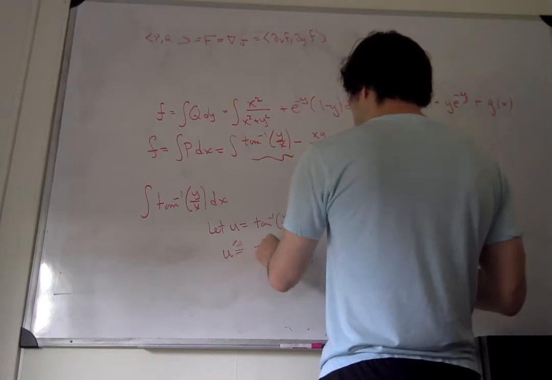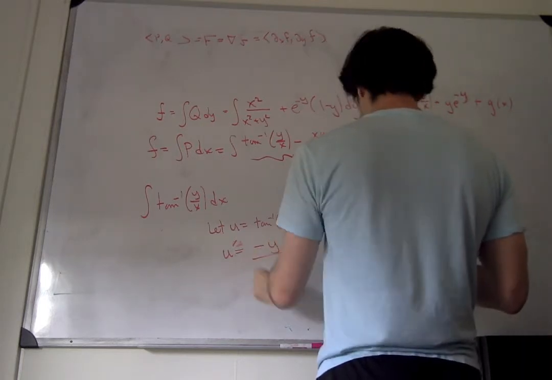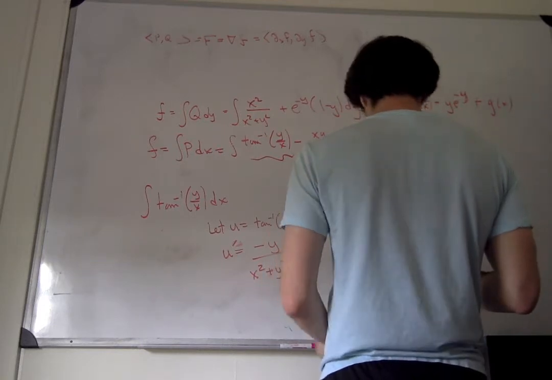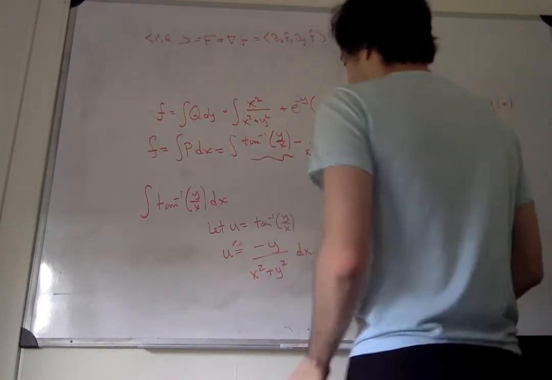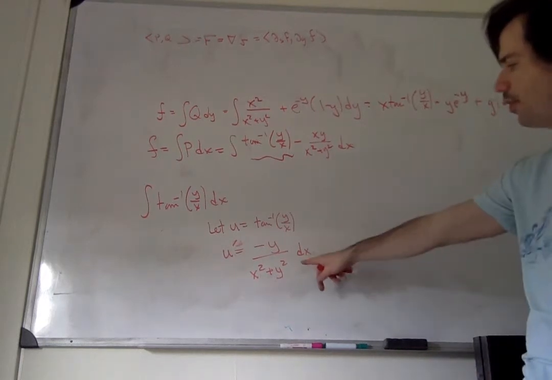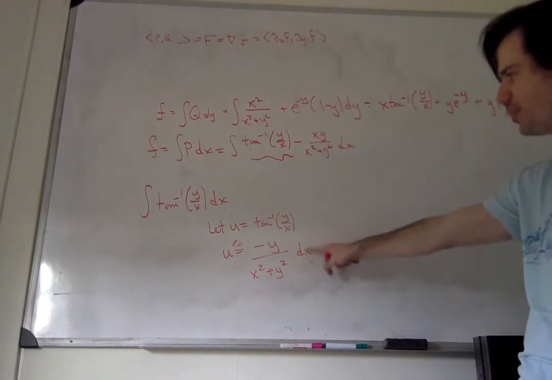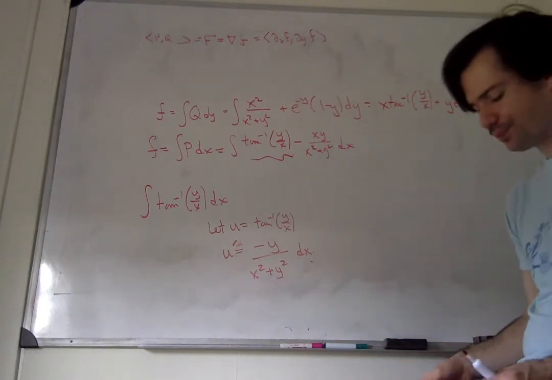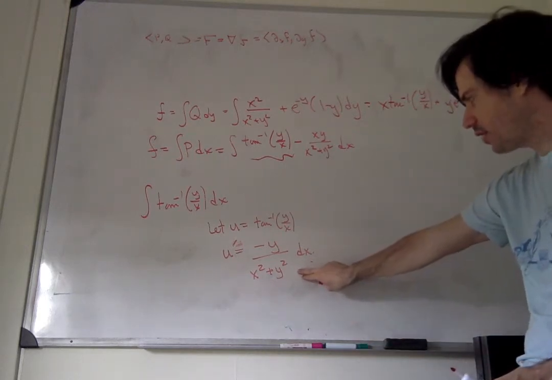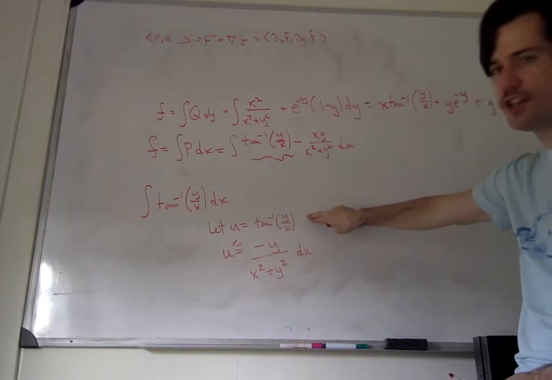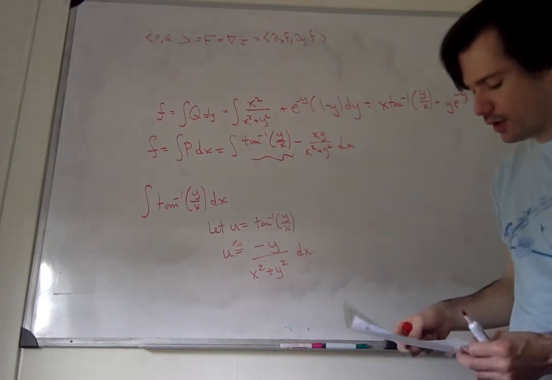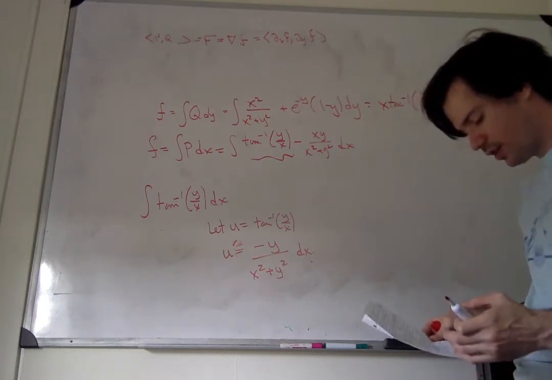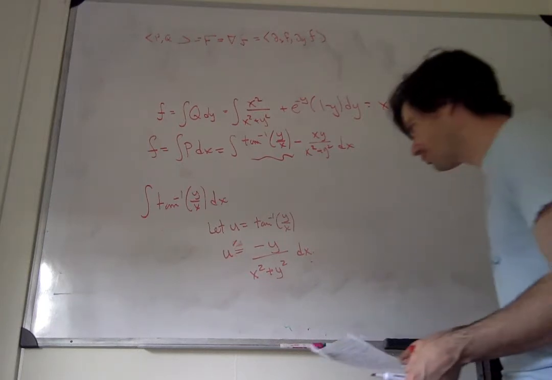Well, it is minus y over x squared plus y squared dx. You should be able to see that just by thinking back to the integral of this, right? If you integrate this, it should take you back to that. So it should make sense.